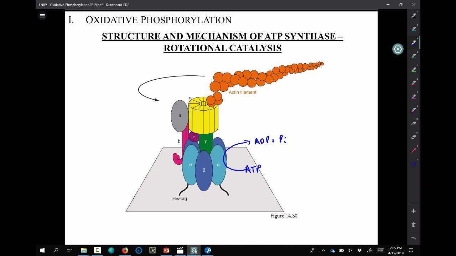So what they did is they genetically engineered an ATP synthase molecule, first of all, on these alpha subunits to have what are considered His tags. His tags are just a string of 6 histidines in a row. His tags will actually have a pretty high affinity for nickel. And so what you see here, that plate is a nickel plate.